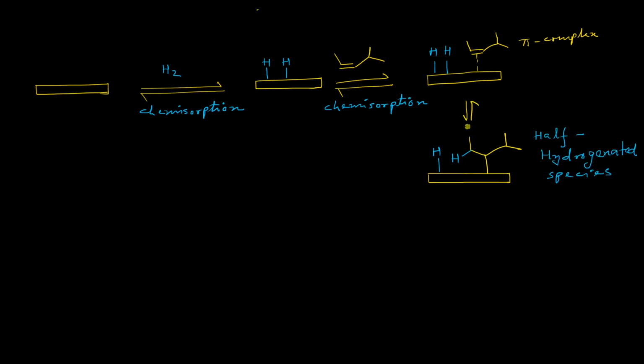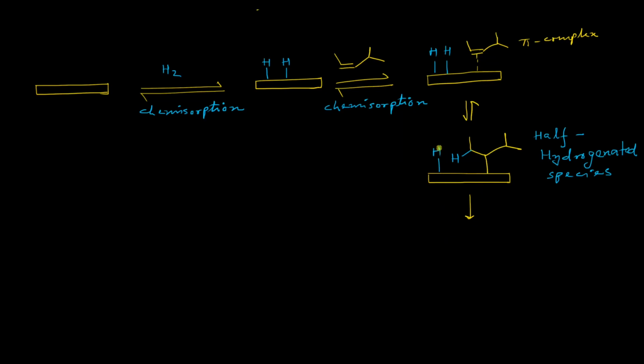As you can see, the steps are reversible. After the formation of this half hydrogenated species, it can also revert back into the pi complex form where the double bond is again formed. Also it can go to the next step where the total saturation or total hydrogenation of this alkene molecule will take place.